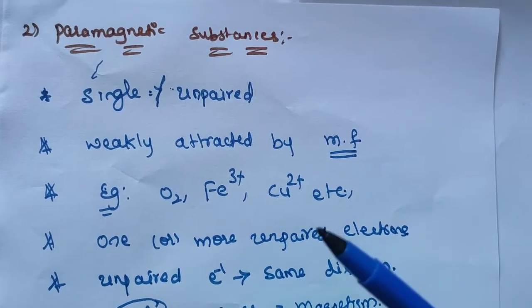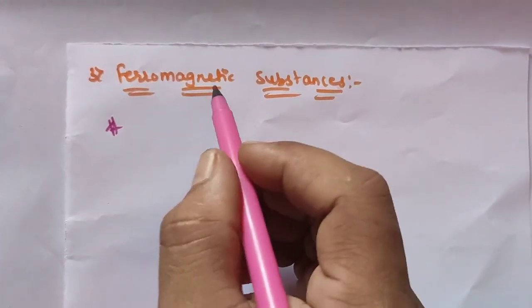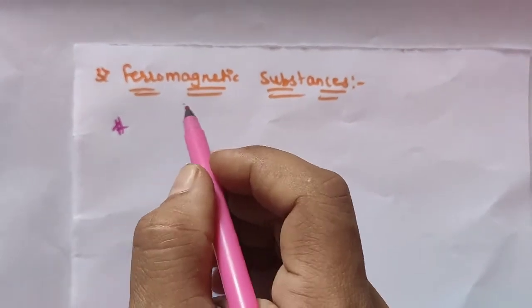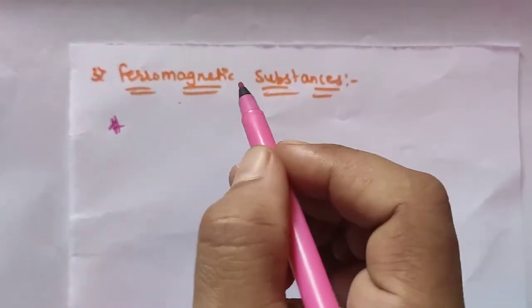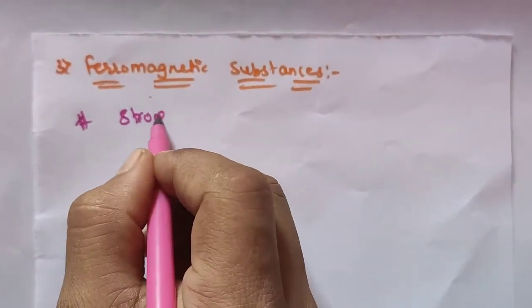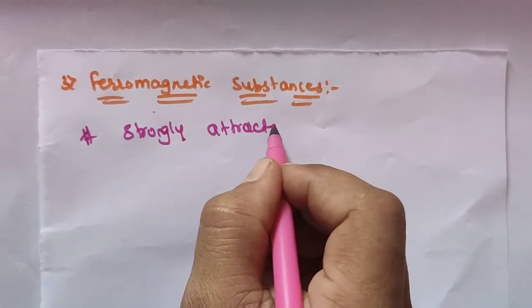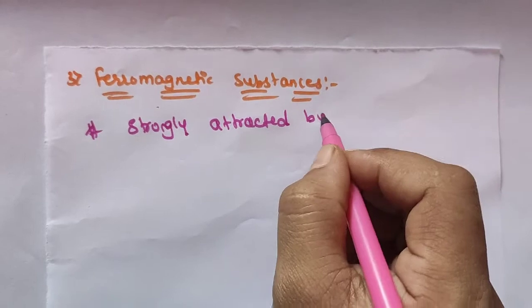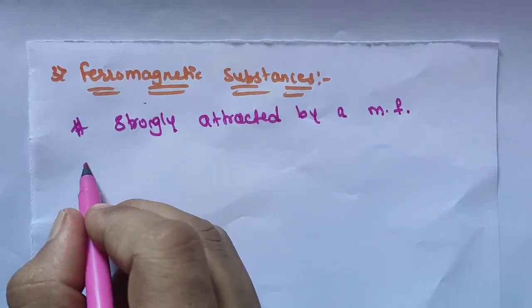Now the third one is ferromagnetic substances. These substances are strongly attracted by a magnetic field.